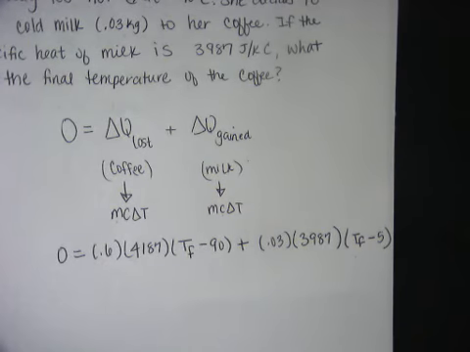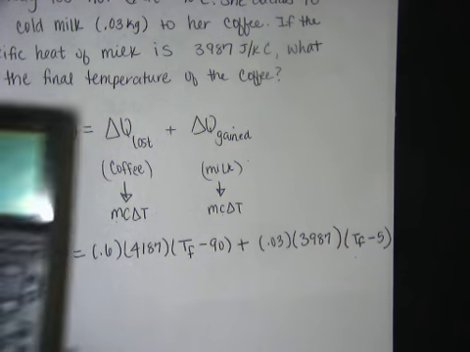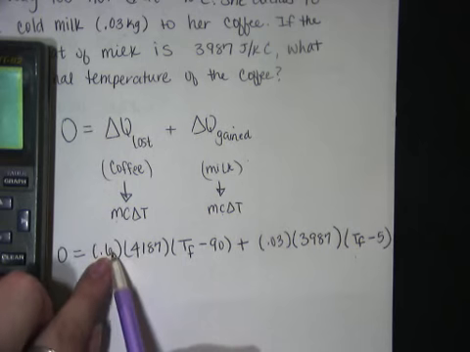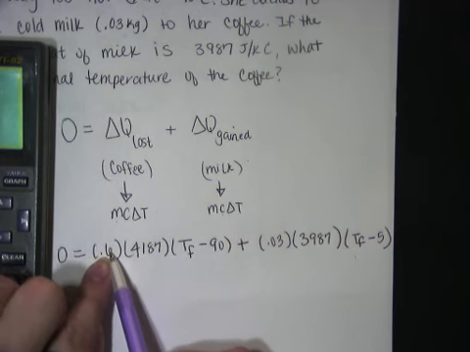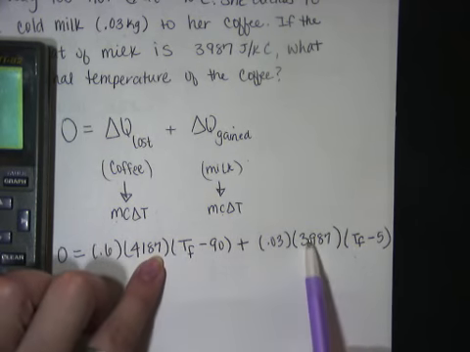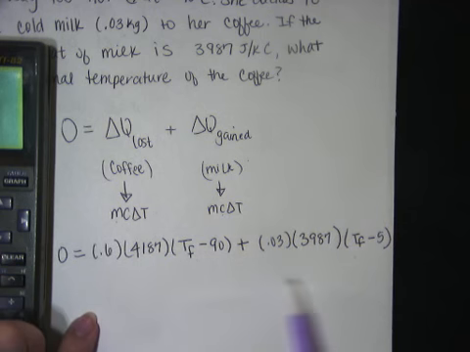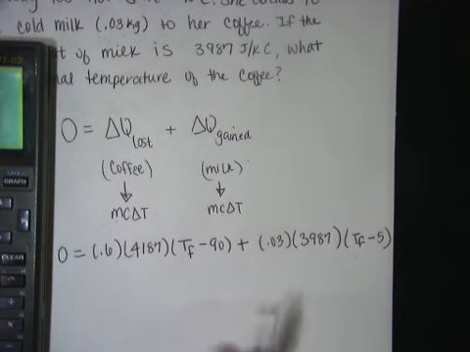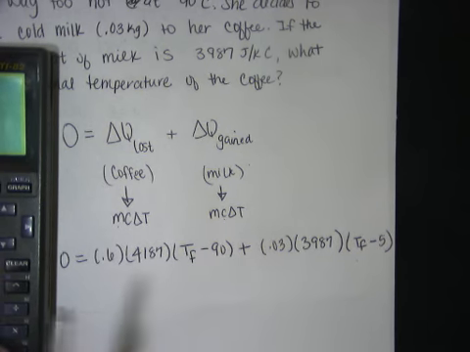Now, the easiest thing to do at this point is to simplify. All right, so the first thing that I'm going to do is to multiply these two numbers together. Then I'm going to multiply the other two numbers together, and I'm going to rewrite my equation with those numbers multiplied out.